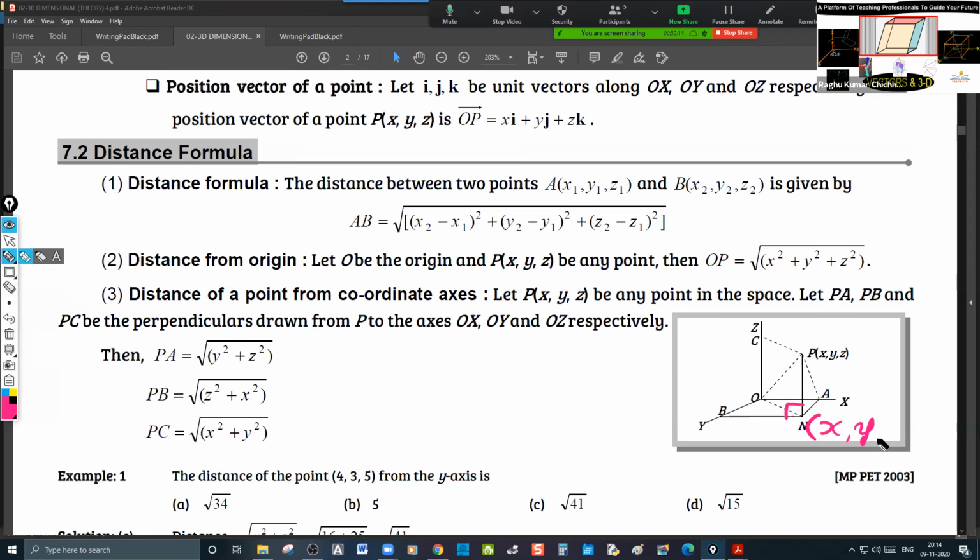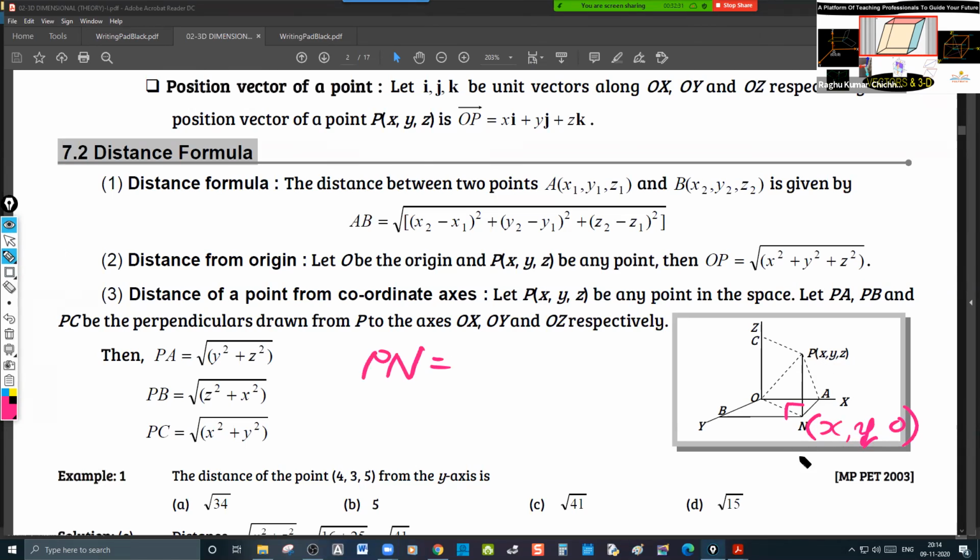So you have to understand (x, y, 0) is the foot of the perpendicular from P onto the XY plane. So what is happening? PN you can find out. PN is nothing but the square root of (x2 minus x1) whole square plus (y2 minus y1) whole square plus (z2 minus z1) whole square, which is nothing but z.